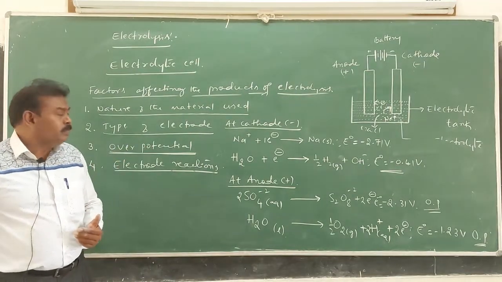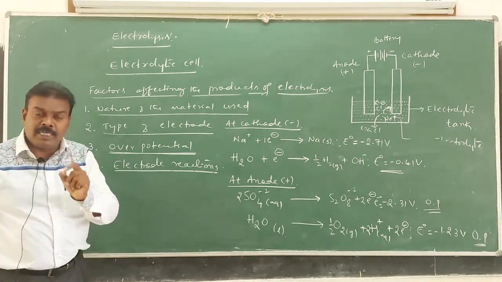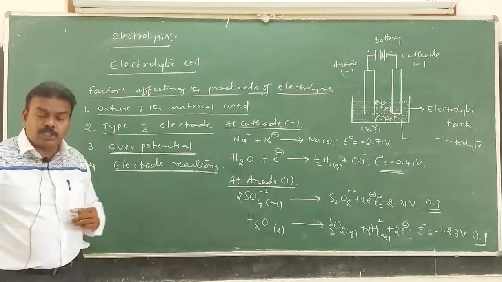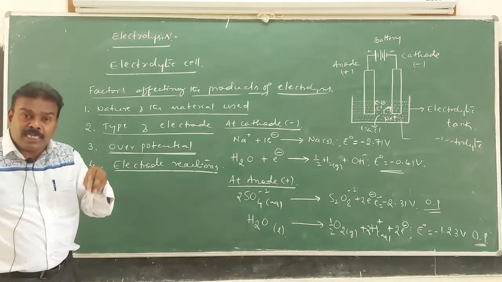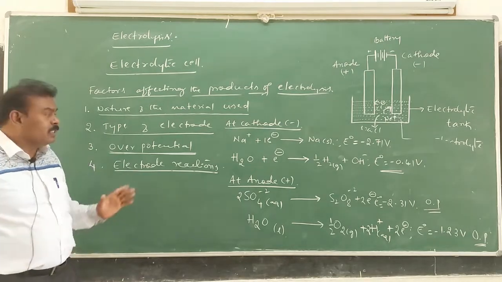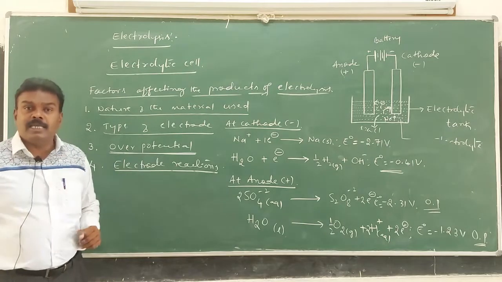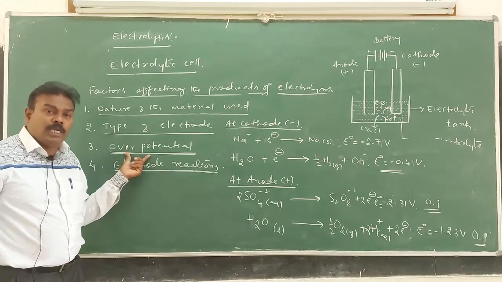And the next one is overpotential. What is the meaning of the term overpotential? The minimum extra potential required to discharge an ion on the electrode beyond its theoretical value is called overpotential or overvoltage.